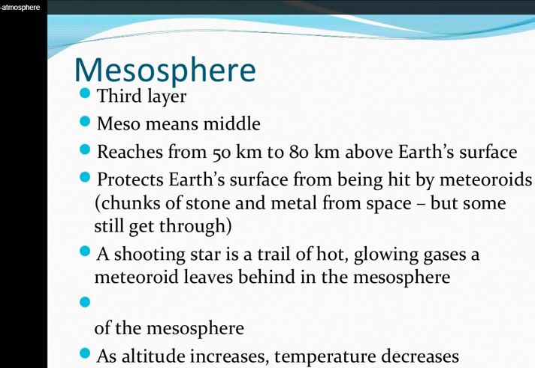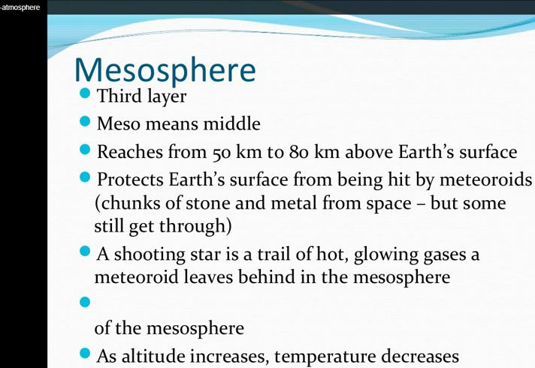Mesosphere, the third layer. Meso means middle. It reaches from 50 km to 80 km above Earth's surface. It protects Earth's surface from being hit by meteorites. Here a chunk of stone comes from space, but some still get through.